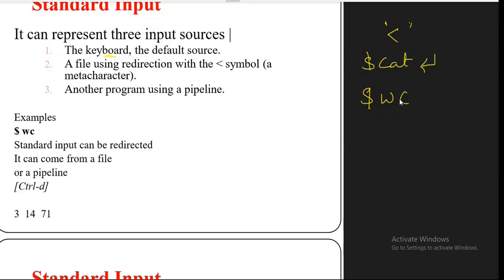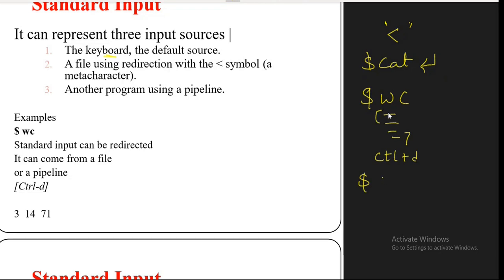As soon as you give wc, word count, unless you give a file name, it is not going to tell you the output. Instead, when you give this command, it will ask you to enter some details. Once you enter the details, since no file name is given, whatever data you entered here it is going to count. Then you press Ctrl D, and it will come out. You will get the answer once you come out.